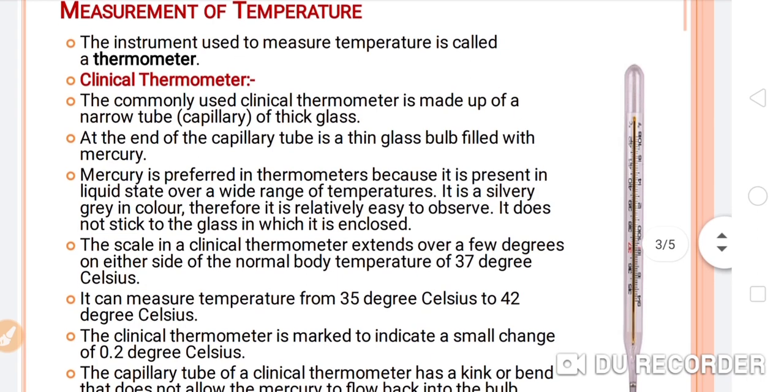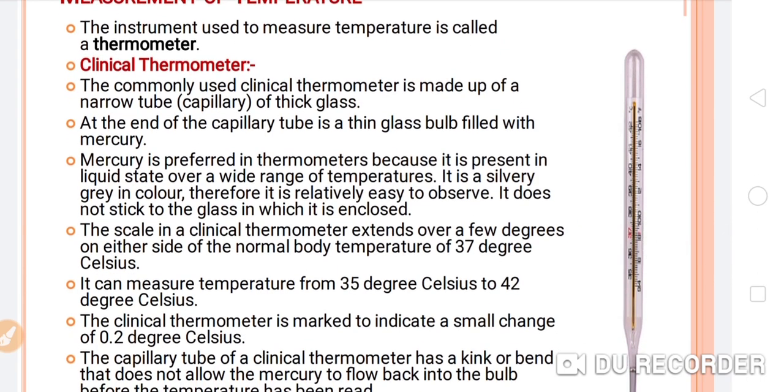So let's see what the clinical thermometer is and what its structure is. The commonly used clinical thermometer is made up of a narrow tube of thick glass. You can see in the given picture the clinical thermometer I have provided to you.